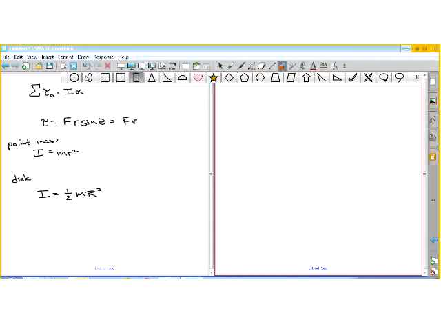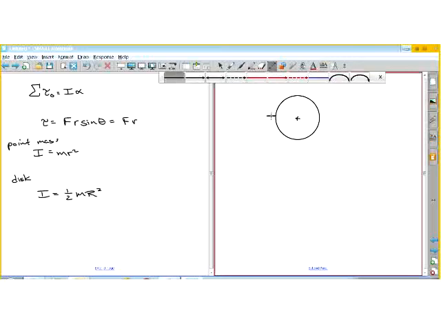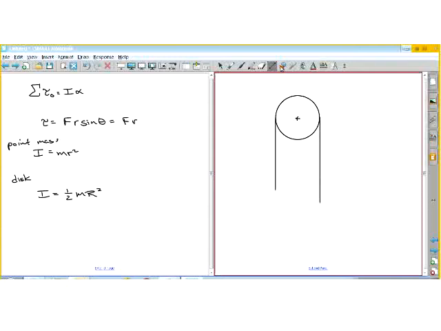So what I'm going to tell you is, we did these problems in class, and I'm not going to work through one today, but we had the case of the disk, and from the disk we're hanging one or two masses.